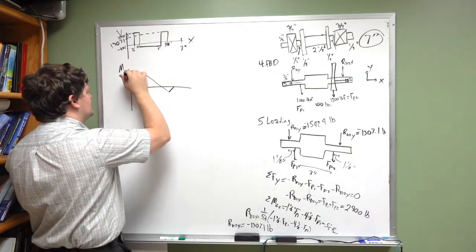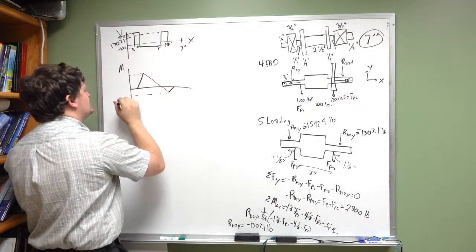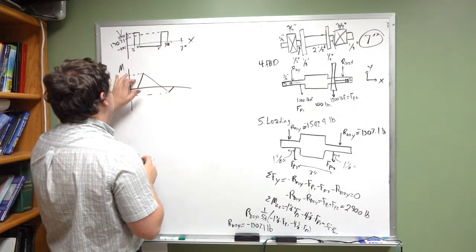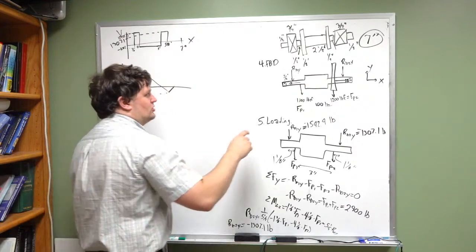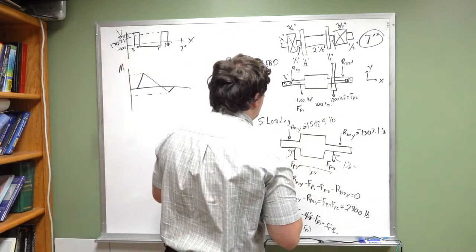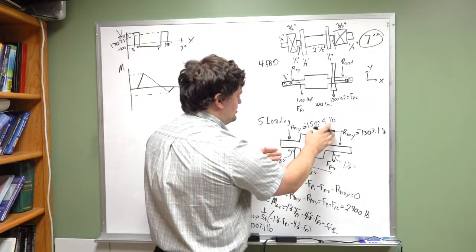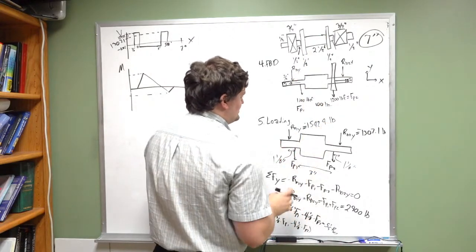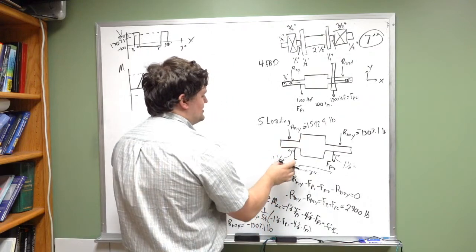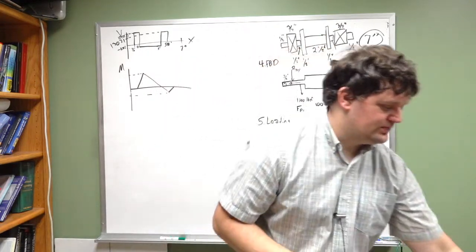Our two peak moments are going to be here and here. This moment occurs right at this pulley where we have 1 1/8 inch transfer. Well, we have 1592.9 pounds transferred over 1 1/8 inch.